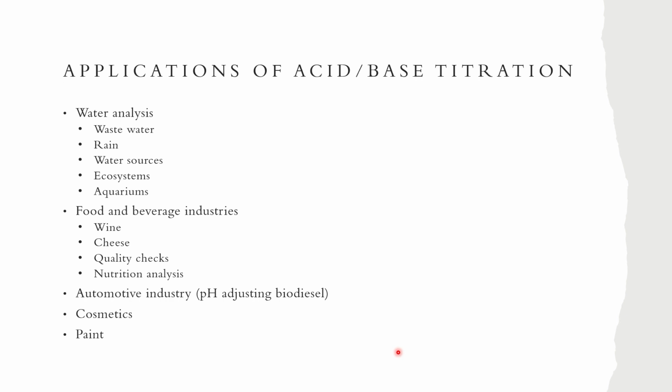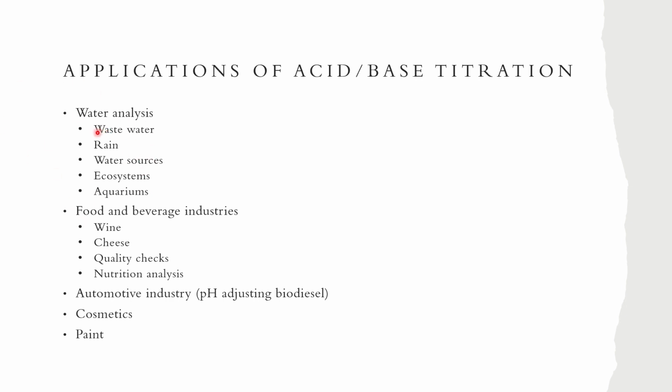So we can do acid-base titration to find the concentrations, again, of a variety of different acids and bases in a bunch of different contexts. pH can be really important to monitor and manage, both from an industry perspective as well as from an environmental perspective. As such, we're always monitoring water for its pH.